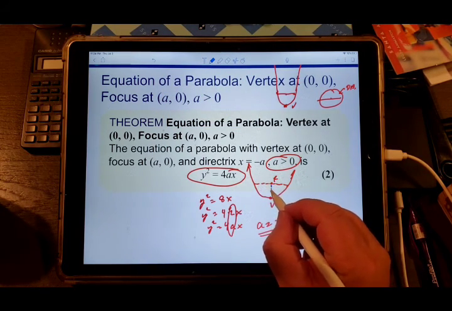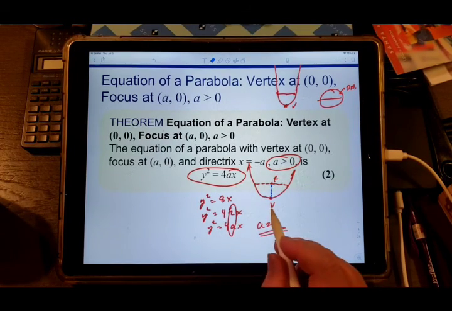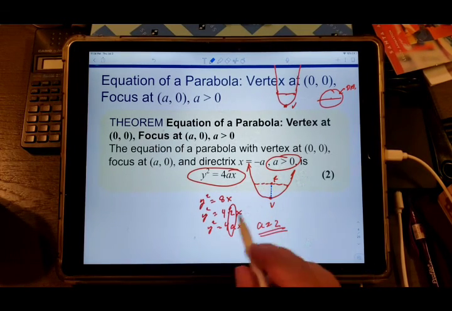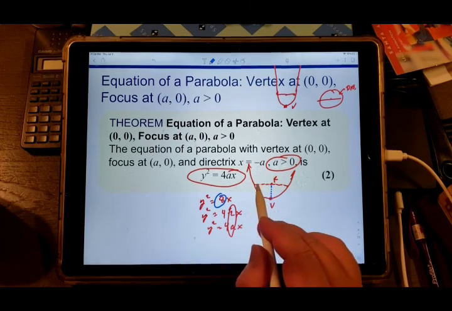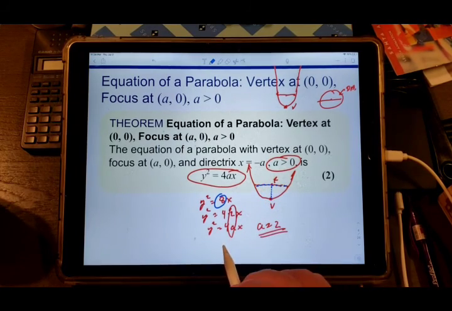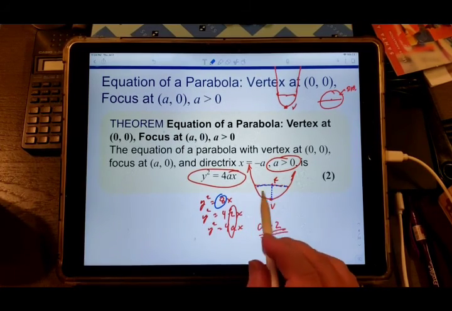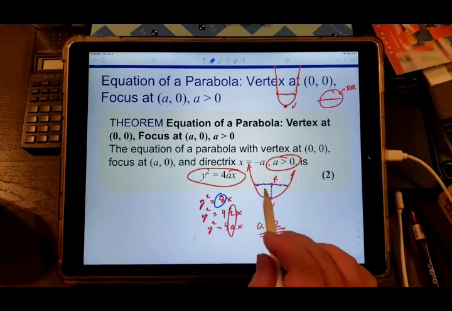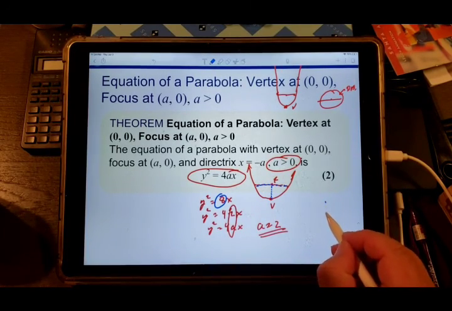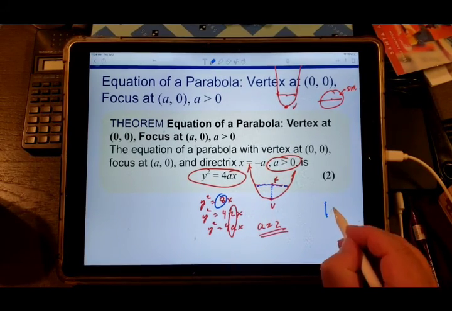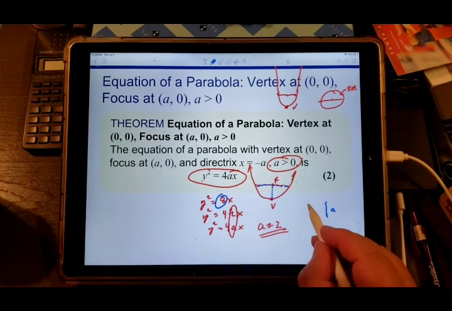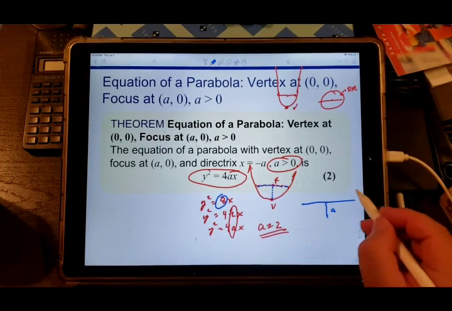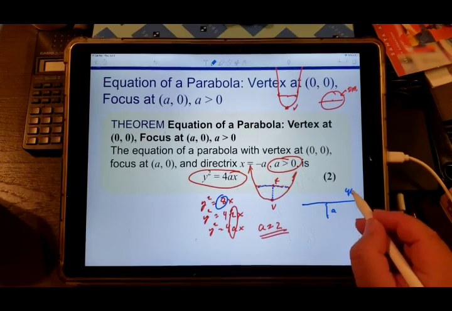Well, 2 is the distance from the vertex to the focus. What is 8? 8 is the length of the latus rectum. So sometimes I call this a big T, where this length is a, and this length is 4a.